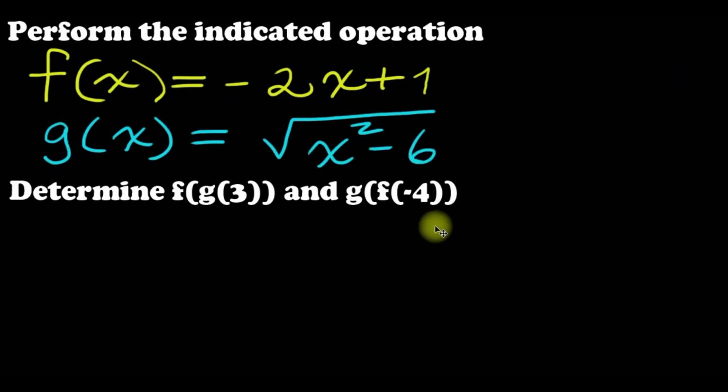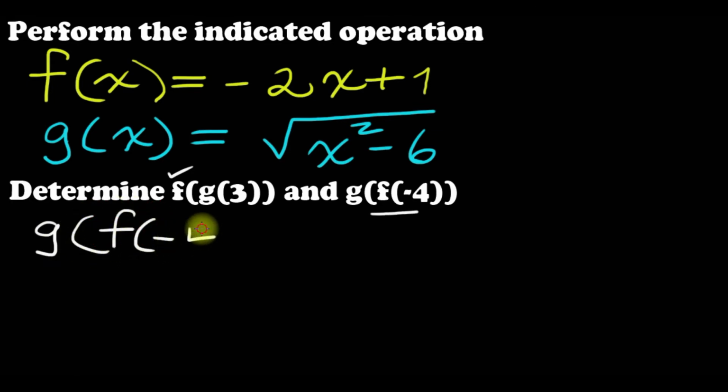The second one is to determine g of f of negative 4. So we're looking for this now. It's the same process as we did with this one. G is the outside function now, and f of negative 4 is the inside.